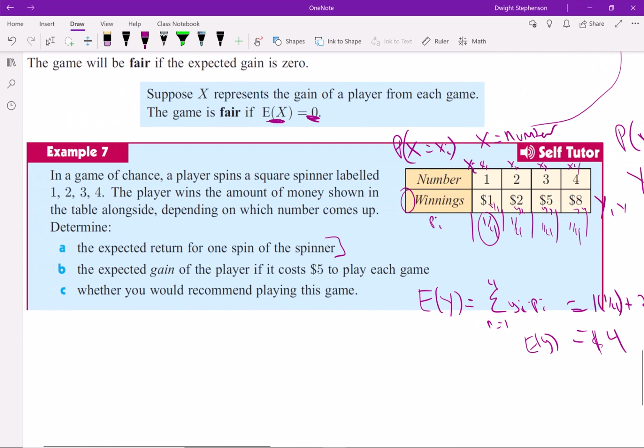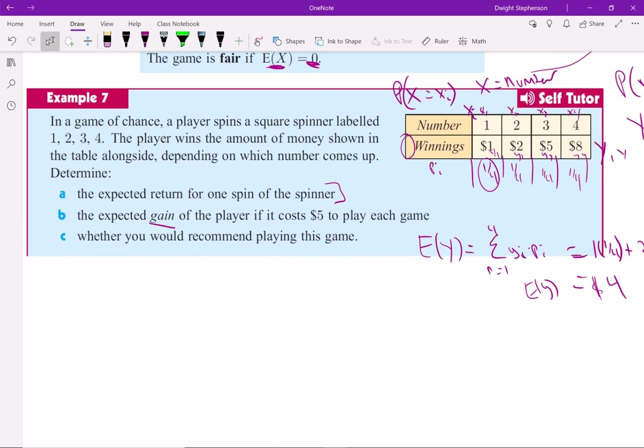The next one is, okay, what is the expected gain of the player if it costs $5 to play each game, right? So think about it this way. Expected gain, let's do G, is equal to expected earnings, which is E of Y, minus expected expenses, which would be how much you have to pay each time.